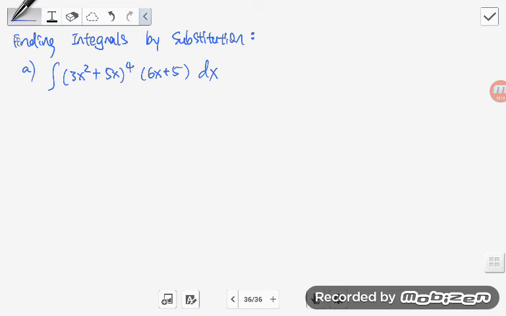Okay, so let's take a look at an example here. I need to find the indefinite integral of (3x squared plus 5x) to the power of 4, multiplied by 6x plus 5. What I can do is write 3x squared plus 5x multiplied by 3x squared plus 5x, four times, because I have a power of 4, and then multiply it by 6x plus 5.